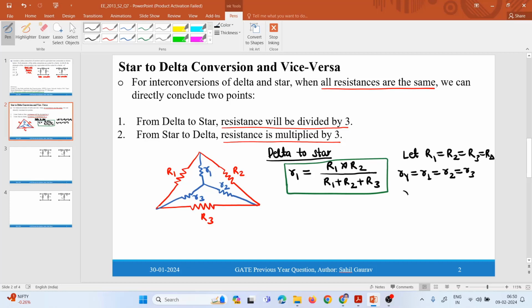If you put all these values, in the numerator it will come R delta square, and in the denominator 3 R delta. So R star is equal to R delta divided by 3 when all the resistances are the same.